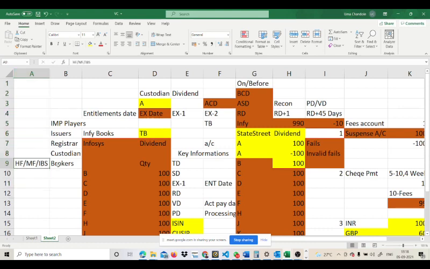So this is how communication goes, and ultimately the end would be the investors, because ultimately we'll have to process the benefits to the investors, and we'll have to debit that particular dividend amount or corporate action amount to the issuers. So that is how and why we work here.